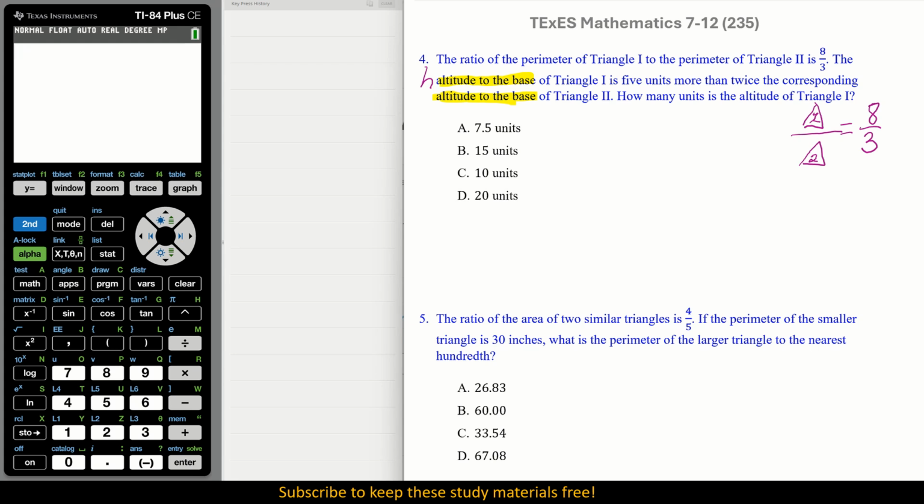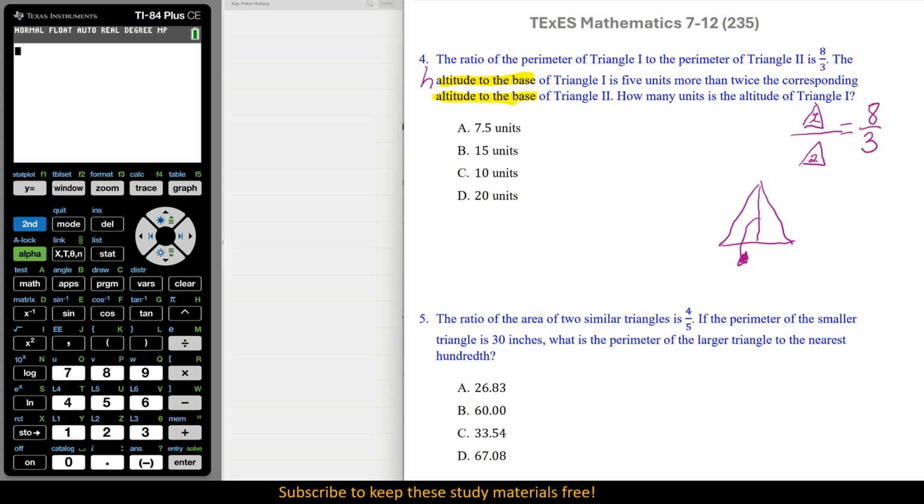So let's go ahead and draw 2 triangles and then work out the rest of the problem. Let me show you what they're saying. Number 1 is the larger triangle. And then here's our height. I'm going to draw an arrow.